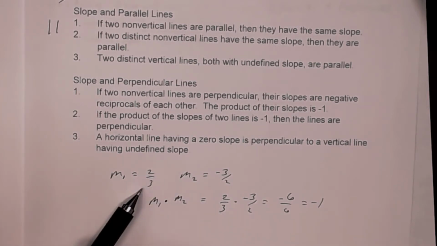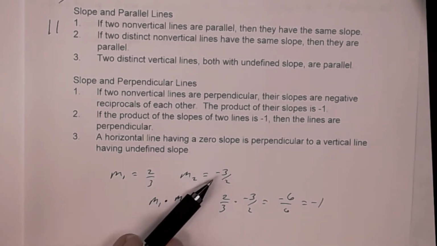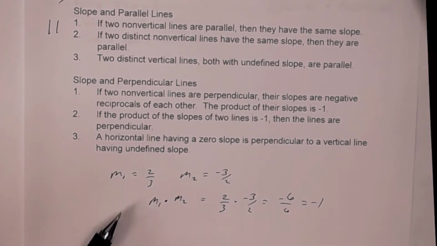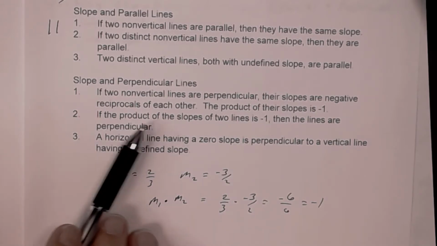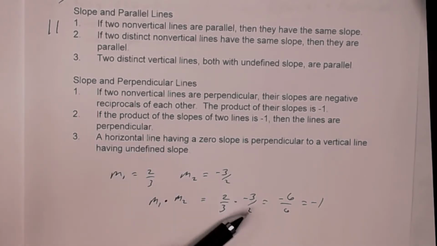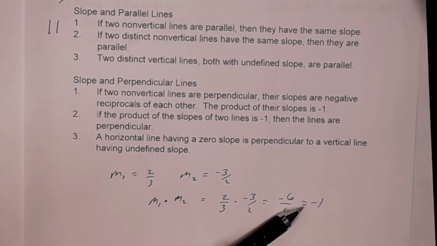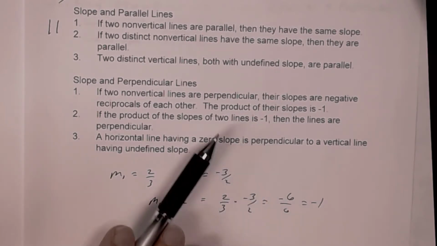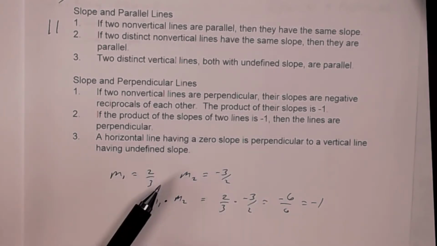So if this is a positive 2/3 and those two lines are perpendicular, then the other one has to be a negative and then take the reciprocal, 3/2. This one talks about that if you're told that two lines, when you multiply their slopes, is -1, then you can automatically assume that the lines are perpendicular.